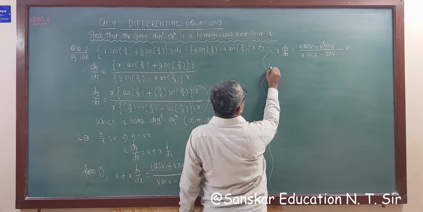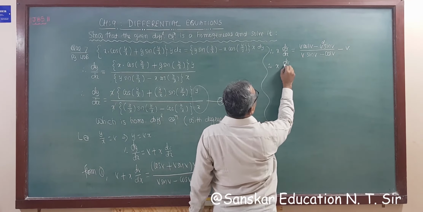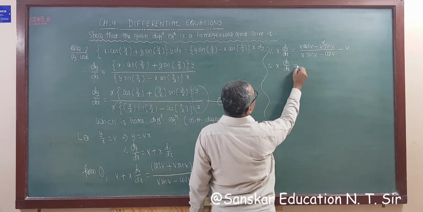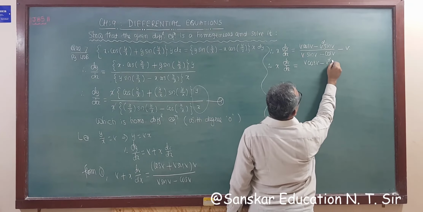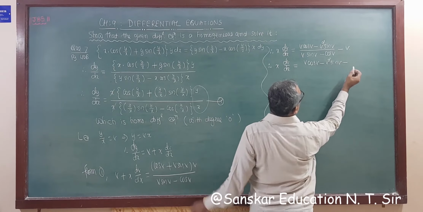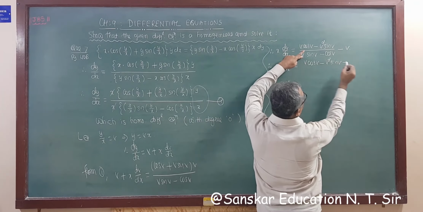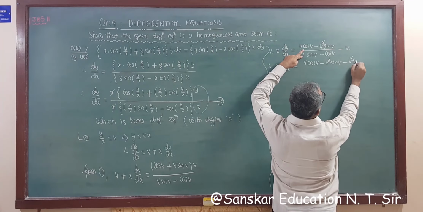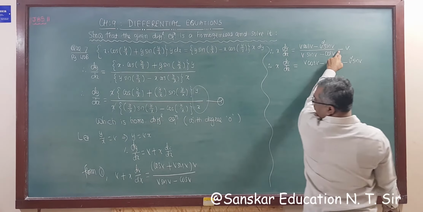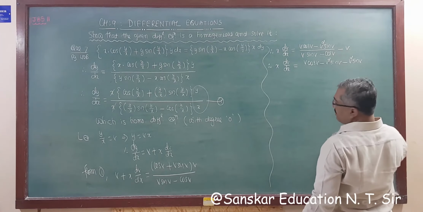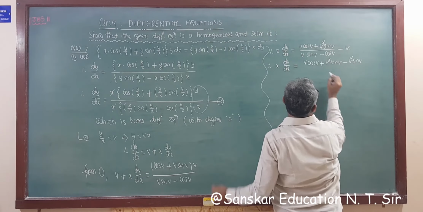So we get x dv by dx is equal to v cos v minus v square sin v minus, multiplying with v, we get v square sin v, right? And minus minus plus, in numerator this is plus, so this is plus, right?